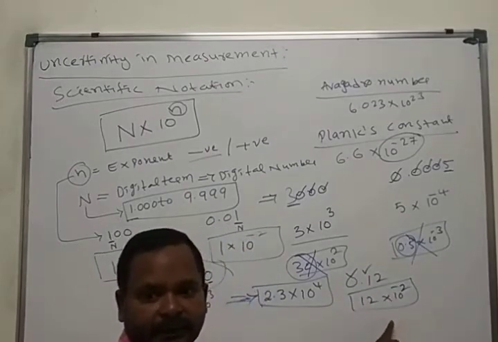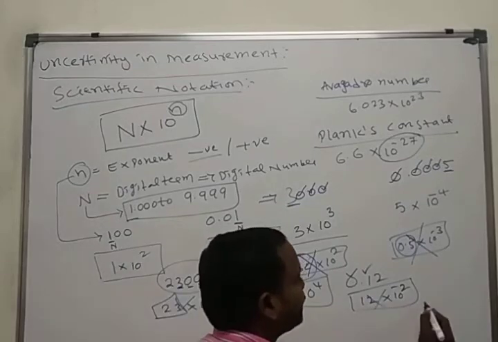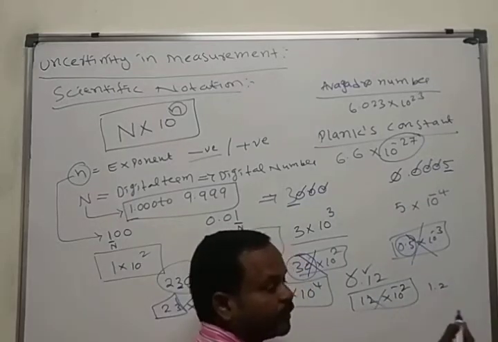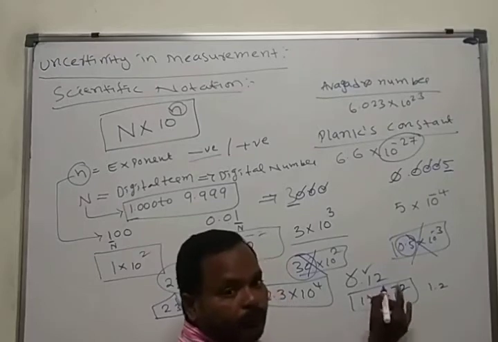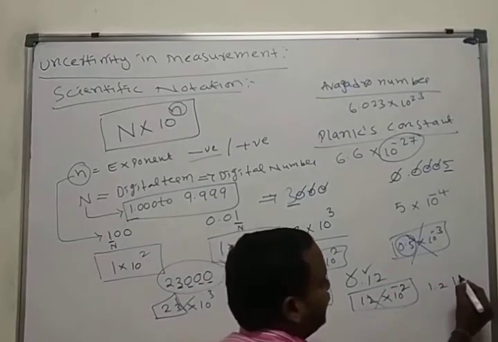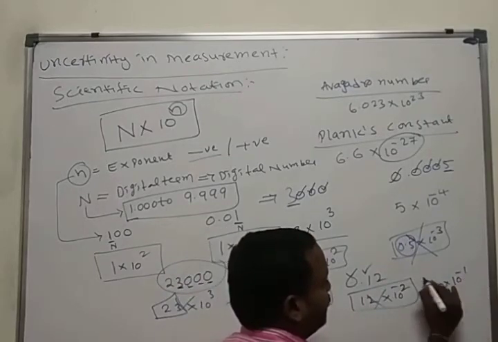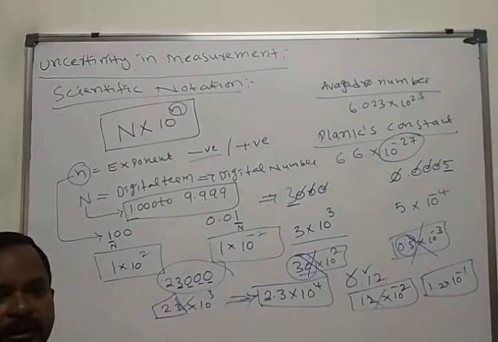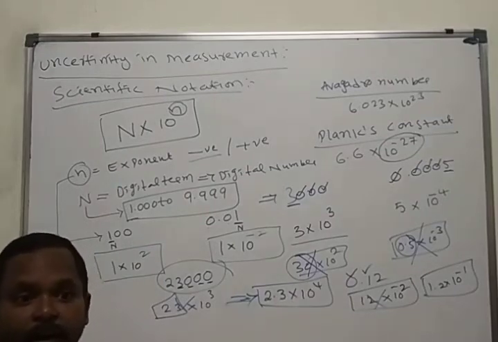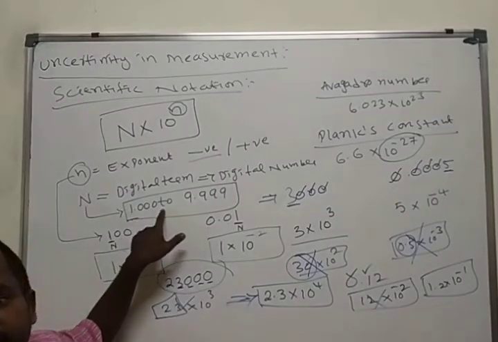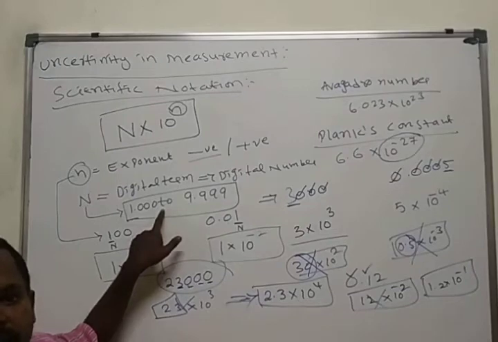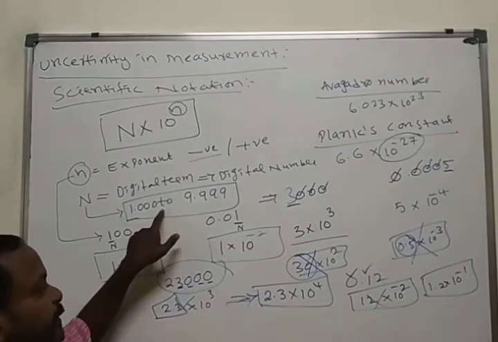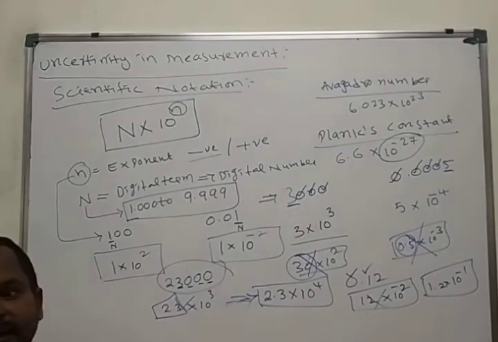Is it right? Wrong. How will you write? 1.2. The decimal moves only 1 place, so 1.2 into 10 to the power of minus 1 only. Why do we write 1.2 into 10 to the power of minus 1? Because 1.2 is present between these numbers. Yes or no? Yes. This we call the scientific notation form.